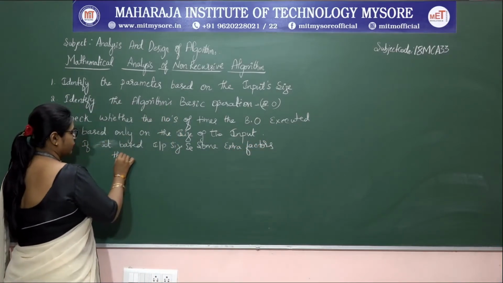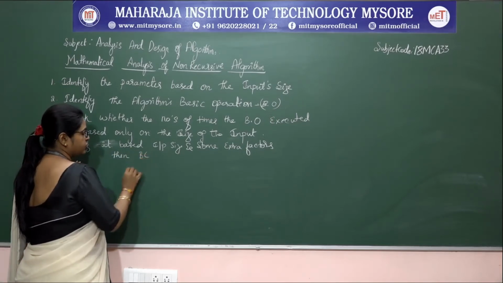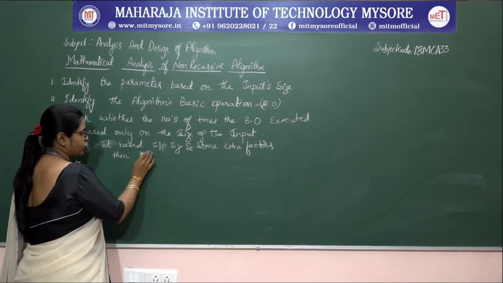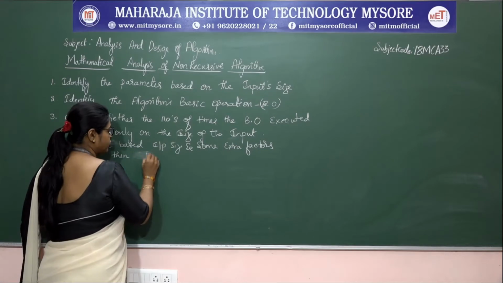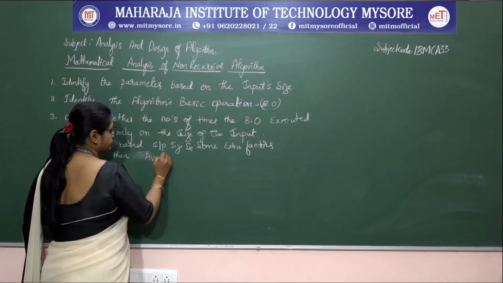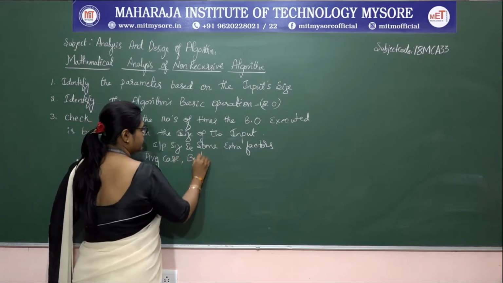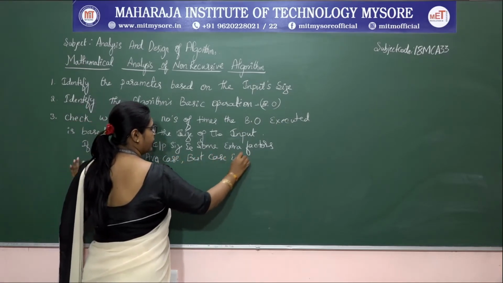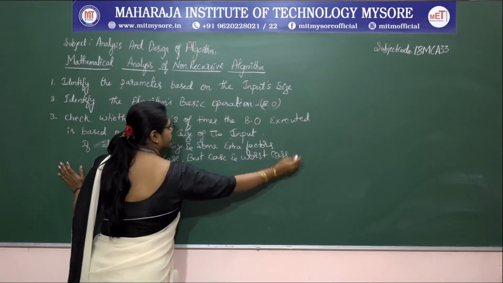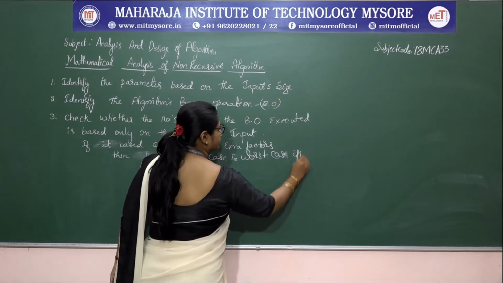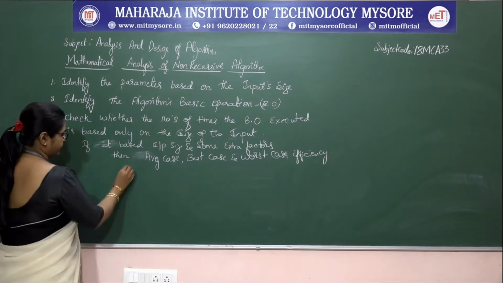then we need to check the number of times the basic operation is executed based on the average case, best case, and the worst case efficiency separately.